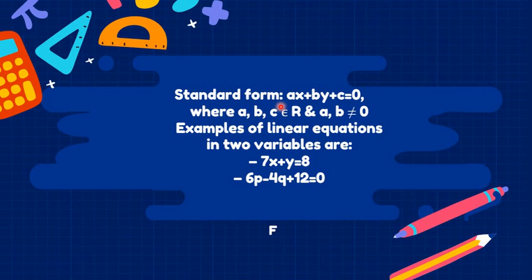And the standard form of a linear equation in two variables is ax plus by plus c is equal to 0, where a, b, c are constants, and a and b are not equal to 0. You can think of a, b, c as numbers where a and b are not equal to 0.